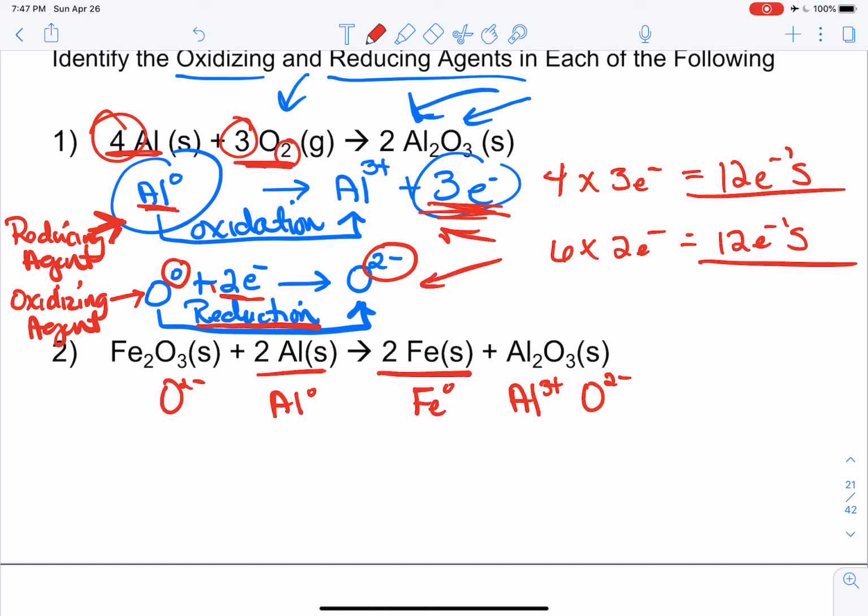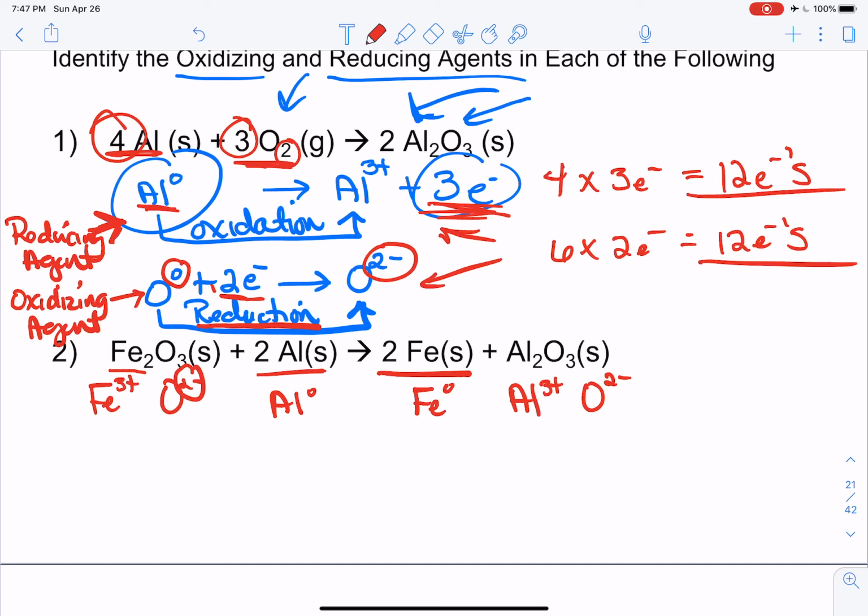So in order for those 2 irons to be +6 to balance out the -6 charge from the 3 oxygens, your irons have to be +3, okay? And yes, I know there are 2 of them, but again, in redox, we just look at one at a time, what's happening.